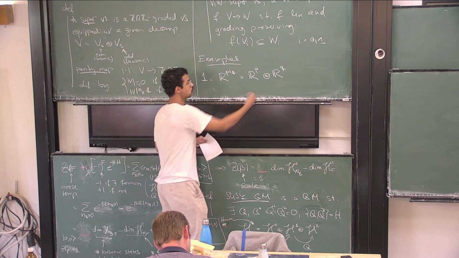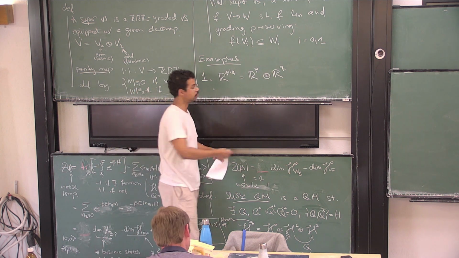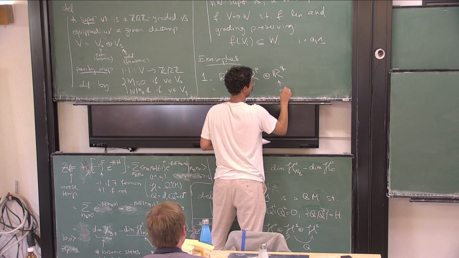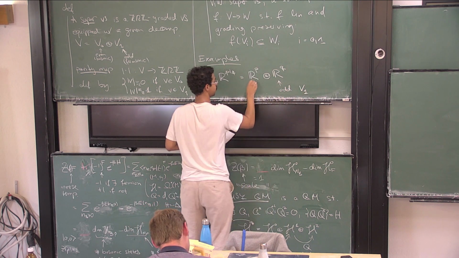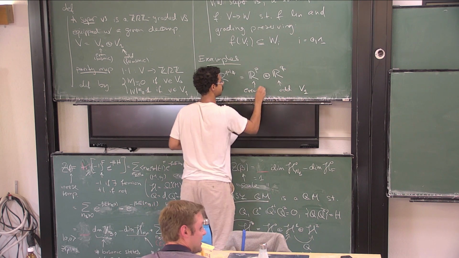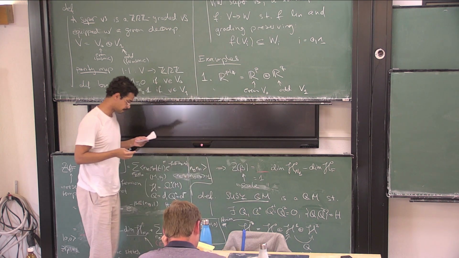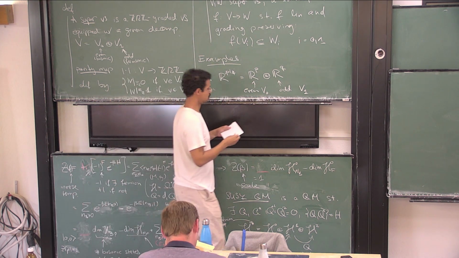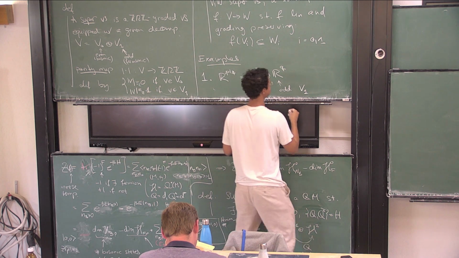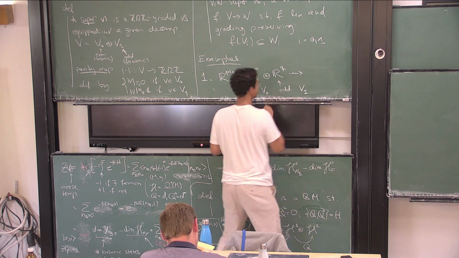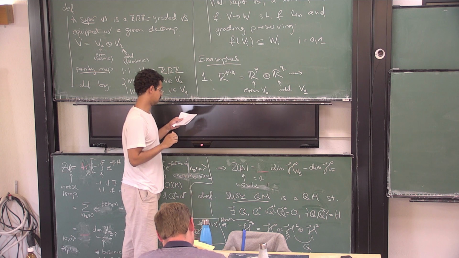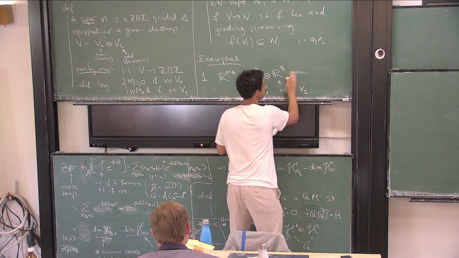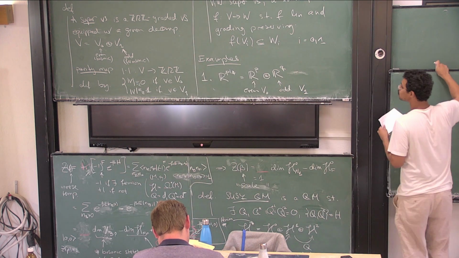Let's say this is odd, guys. So this is V1, and this is even, this is then V0. Okay, let's just do more examples.